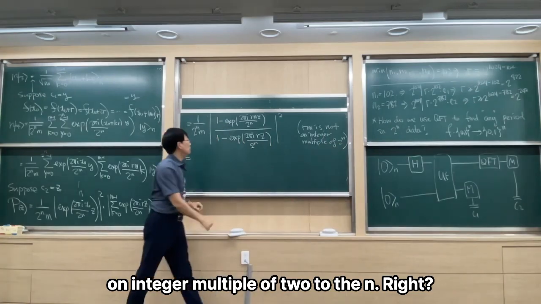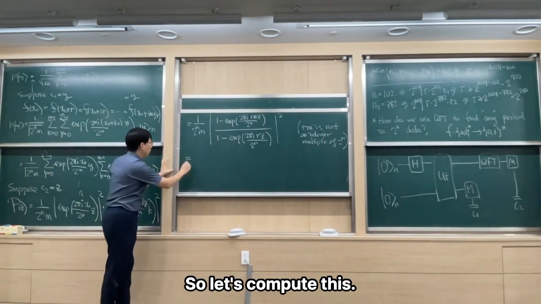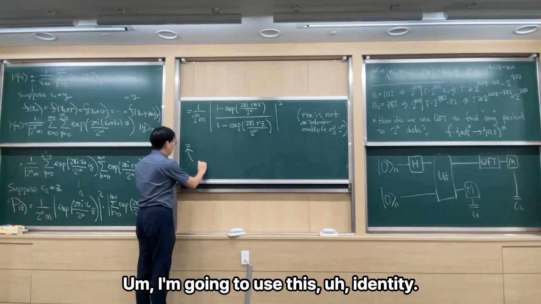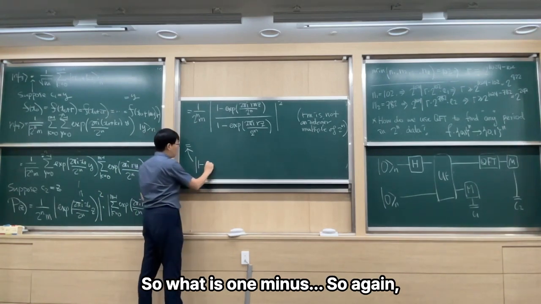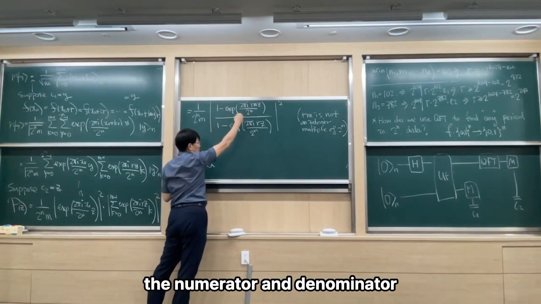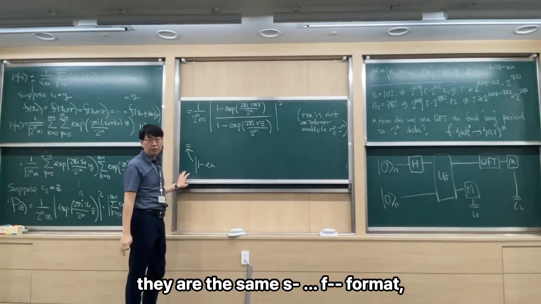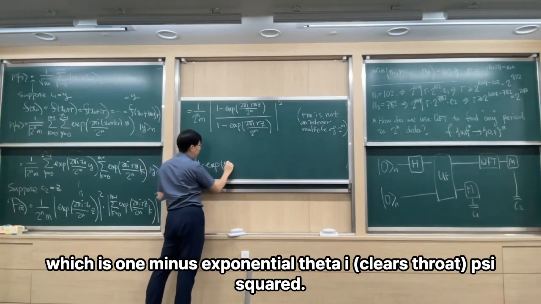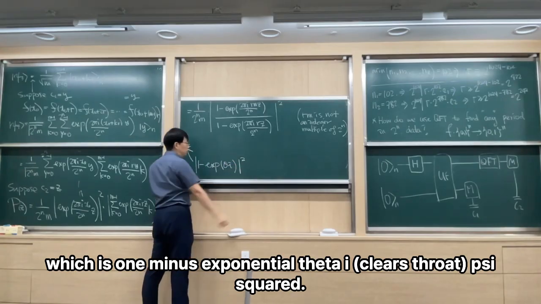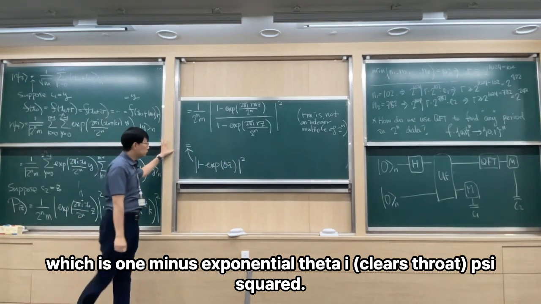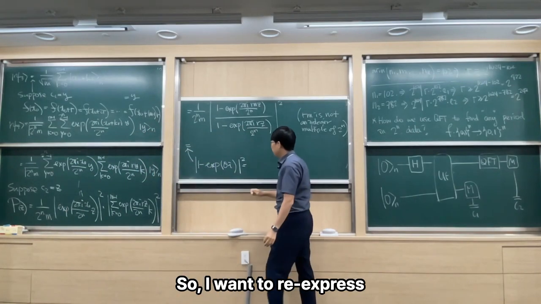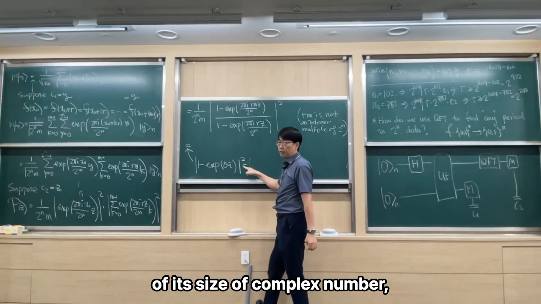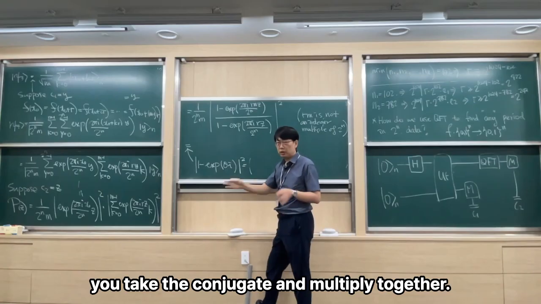Okay, so let's compute this. I'm going to use this identity. The numerator and denominator have the same format, which is 1 minus exponential theta i, squared. I want to express this in a different way. When you take the square of the size of a complex number, you take the conjugate and multiply together.